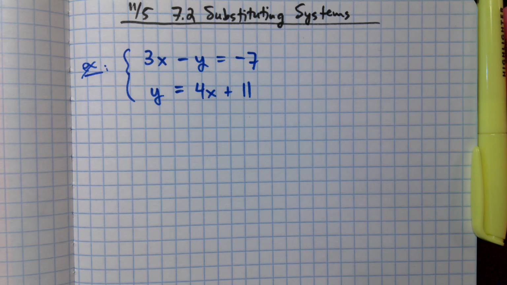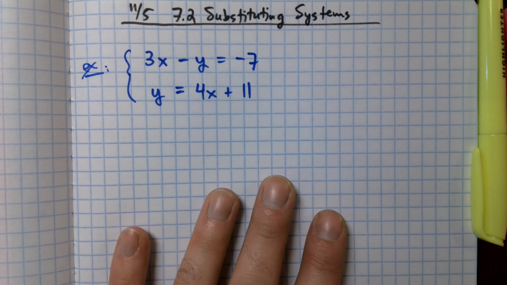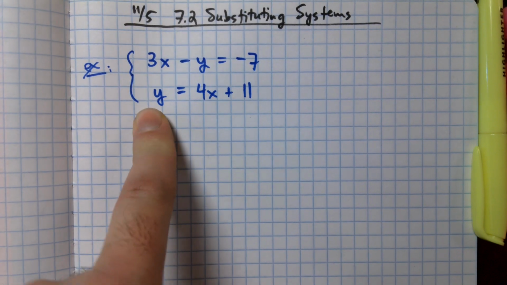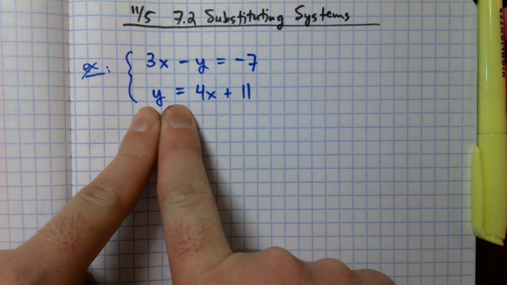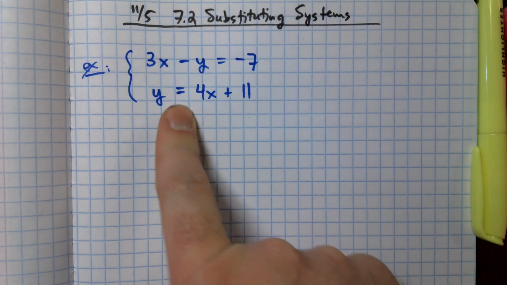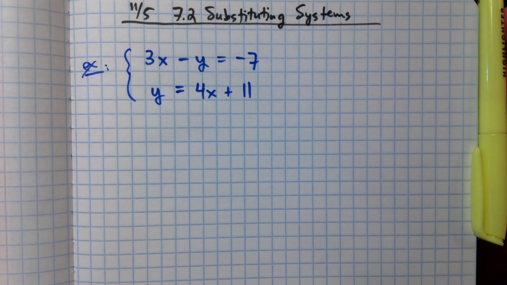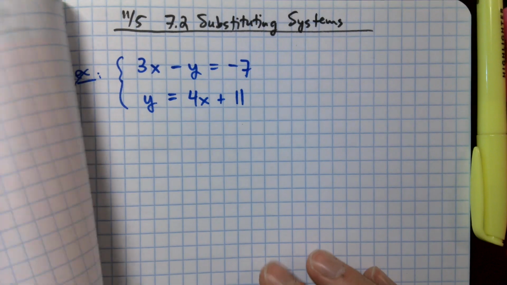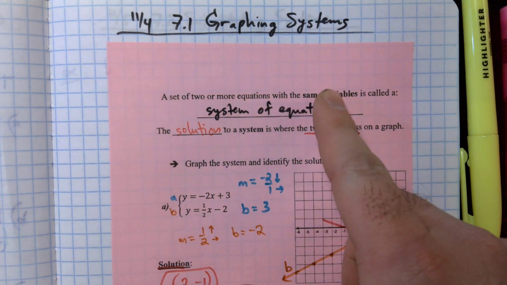All right? The substitution method is easiest when one of my equations is already solved for a variable. See how y is all by itself on the left side of the equal sign here? That should be a red flag in our heads that goes, oh, I should use the substitution method here. Because remember, in the definition of a system, they have the same variables.